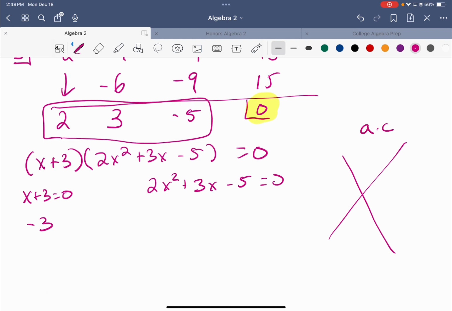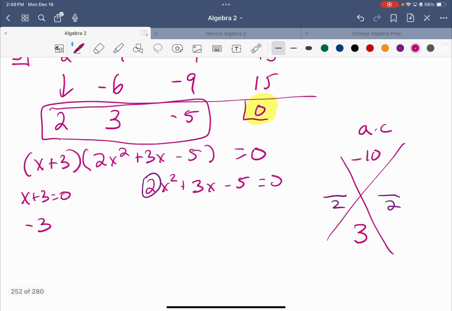A times c on the top, which is -10. My a value is 2, so we're going to divide this middle part by 2. My b value is 3, so that's -5, nope. 5 and -2.